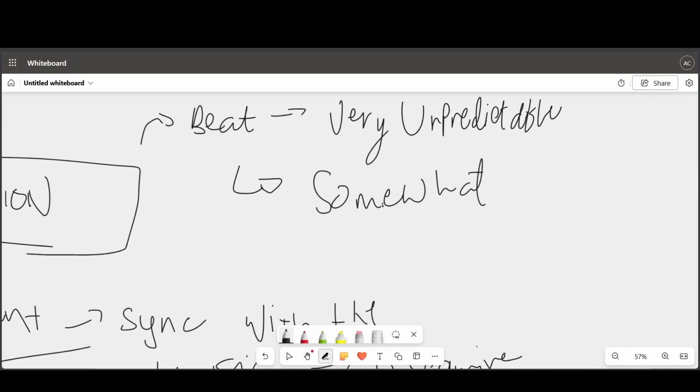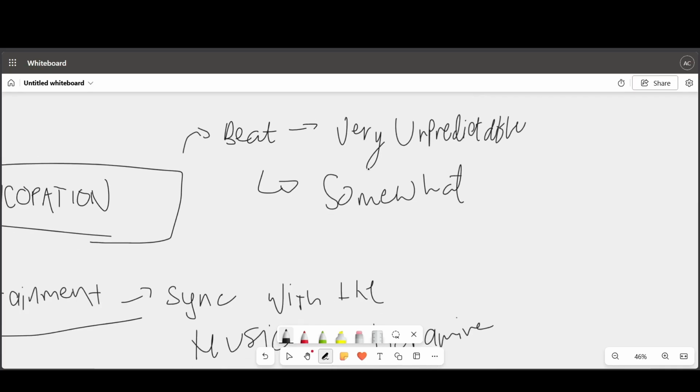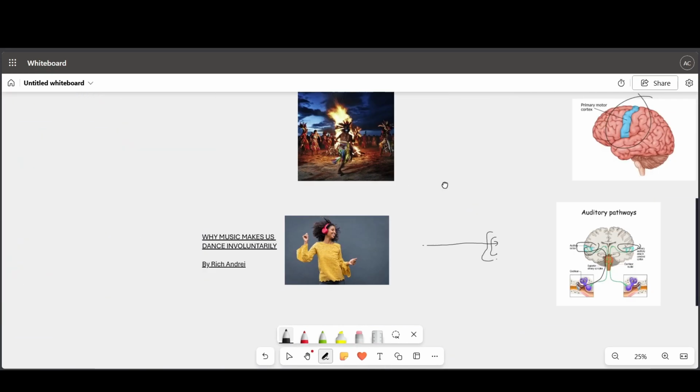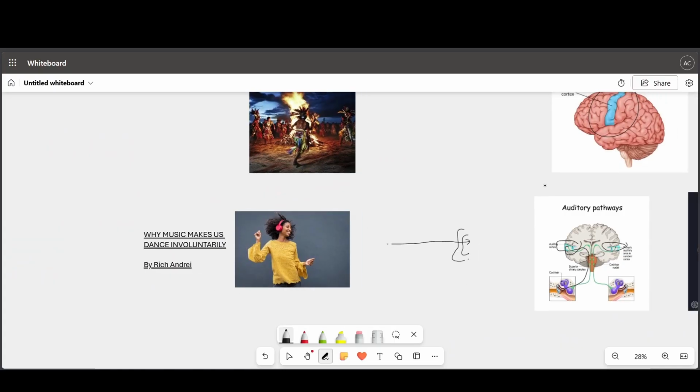Somewhat predictable, somewhat unpredictable. That's when your brain starts to dance to the music. So that's basically why music makes us dance involuntarily.